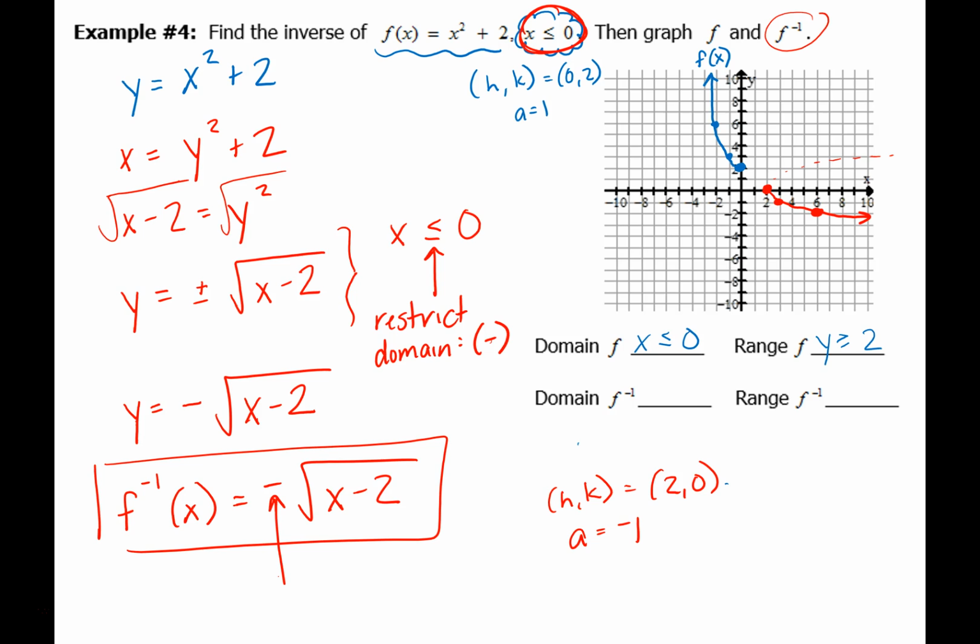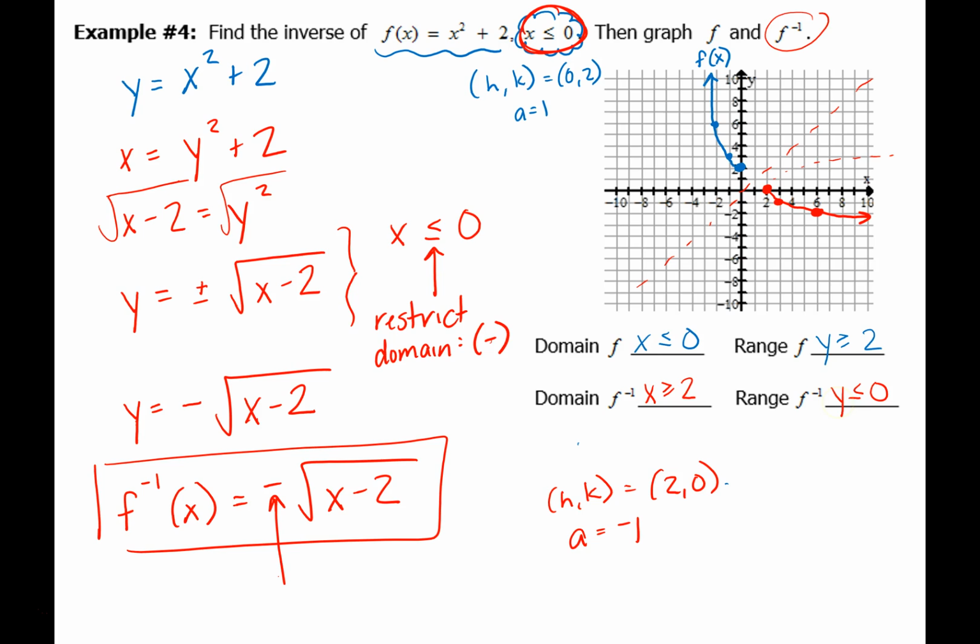So notice that we took this line of reflection and flipped it over. The domain of f inverse is going to be x is greater than or equal to 2, because it's 2 to positive infinity. And the range is going to be that y is less than or equal to 0, because it's negative infinity up to 0.